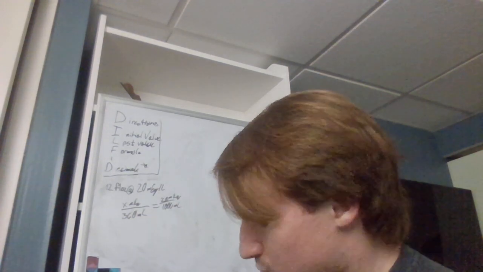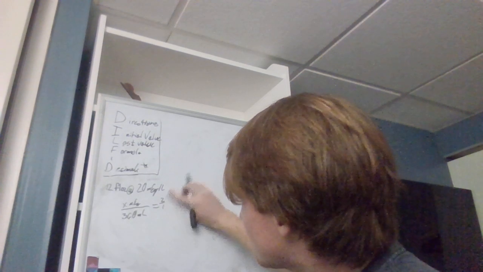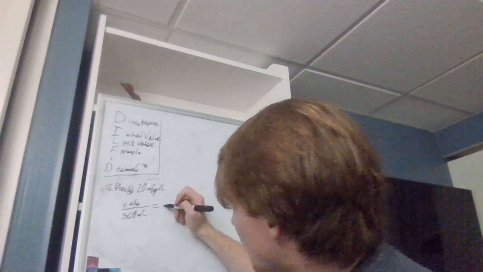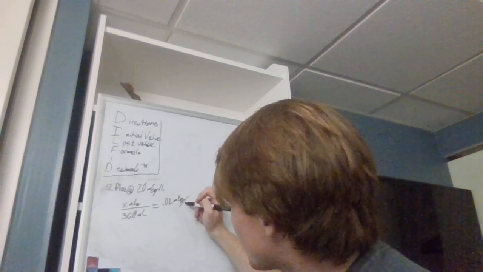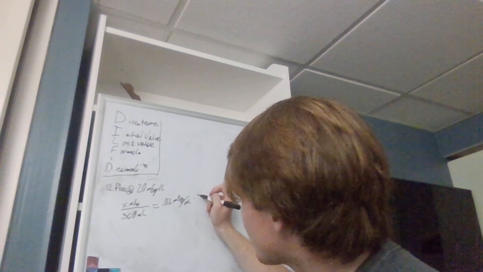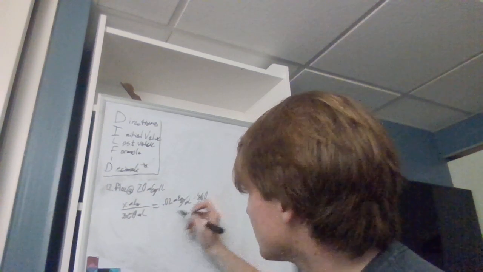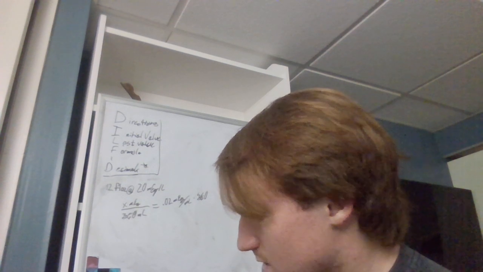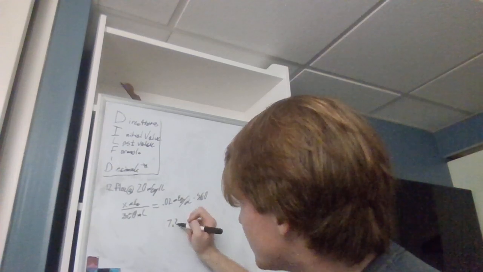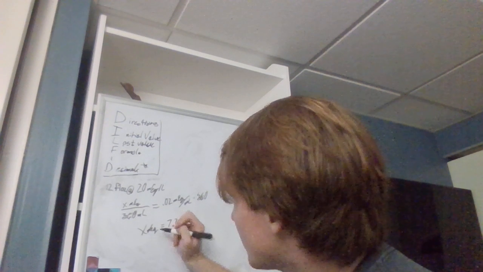So that is 0.02. Let me just double check that. Yeah. So that's 0.02 milliequivalents per milliliter times 360 on each side. 0.02 times 360 is 7.2, equal to X MEQ.